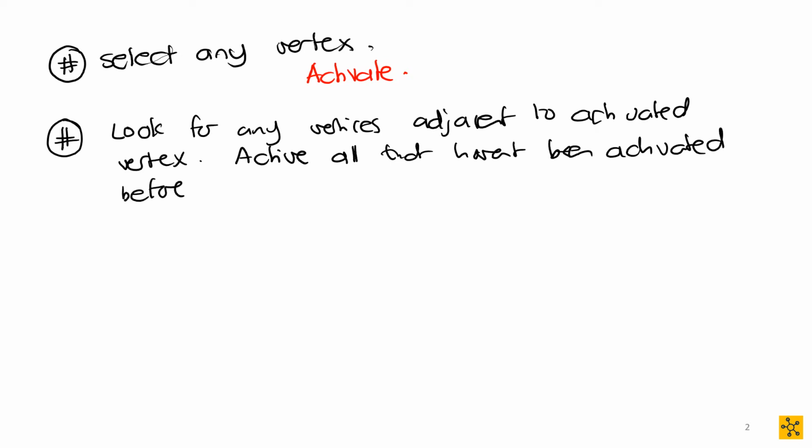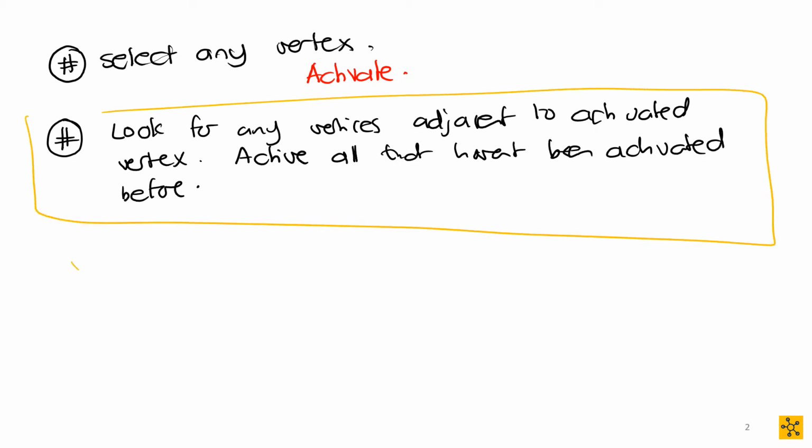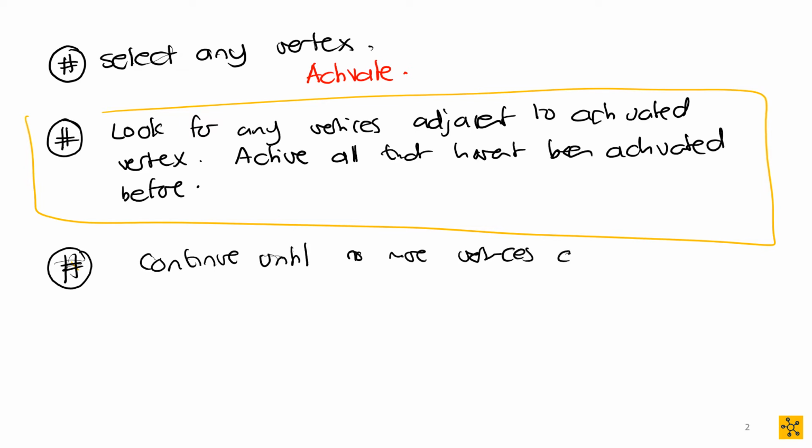And then you continue this process until you've covered all the vertices of your graph, until no more vertices can be activated. In other words, all of them are activated already.